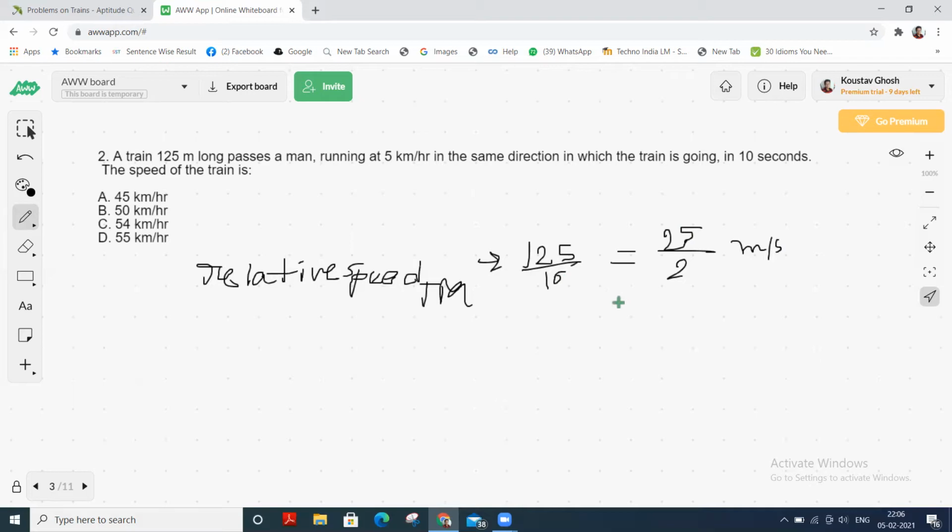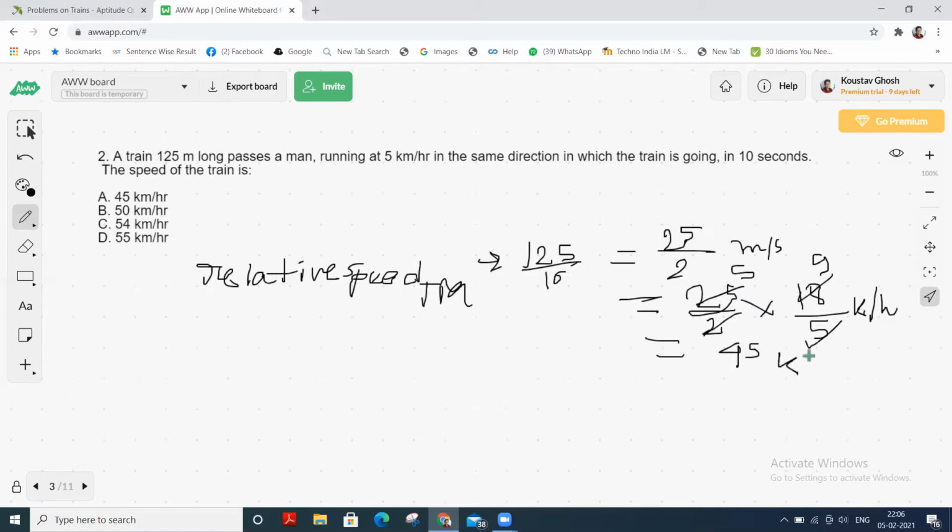So this is 25 by 2 into 18 by 5 kilometer per hour. 2 nines are 18, 5 fives are 25, that is 45 kilometer per hour.